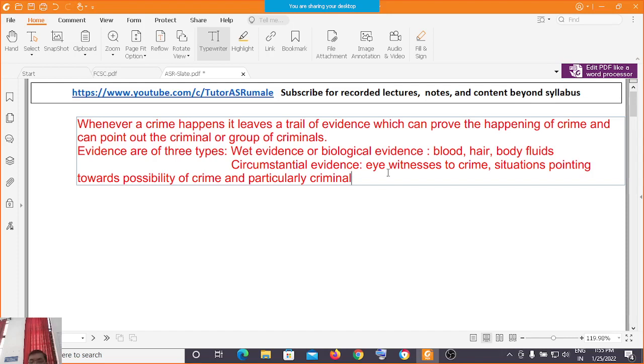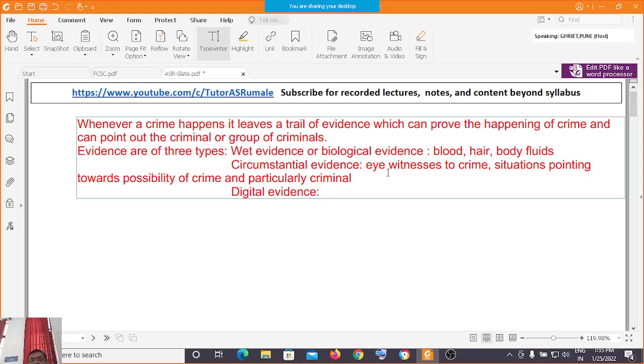The third type of evidence which we are dealing with is called digital evidence. So what is digital evidence? When we say evidence, it means the set of different proofs available. Evidence is singular and plural in itself; you can't call it evidences.